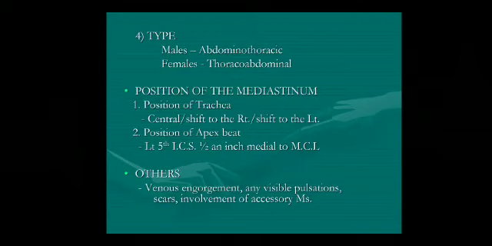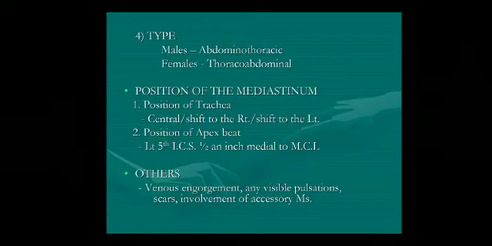So that you should know. That's about the position of the apex beat and the position of the trachea. For example, the apex beat is present in the left fifth intercostal space, half an inch medial to the midclavicular line.